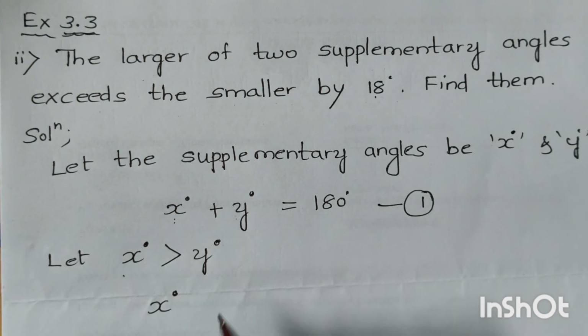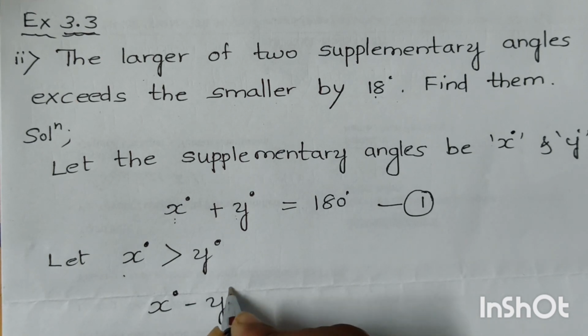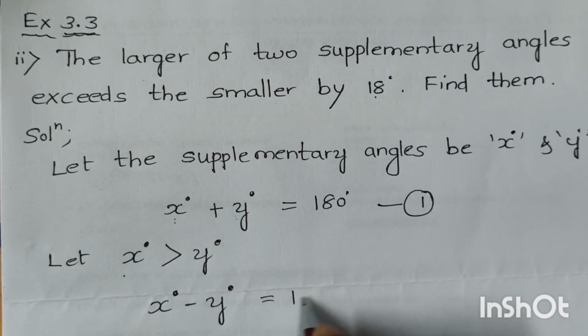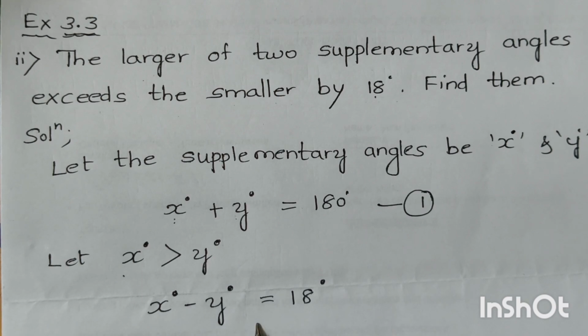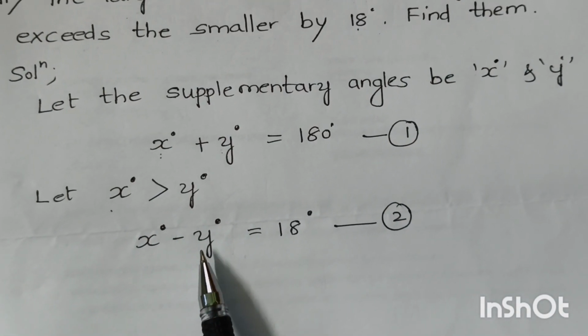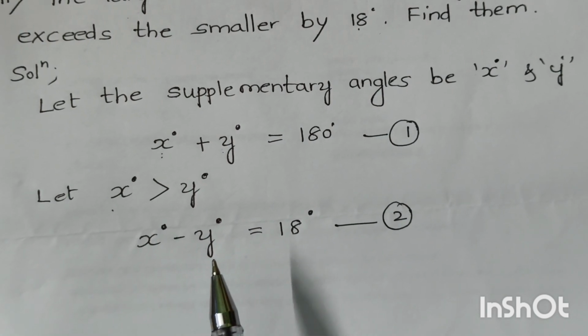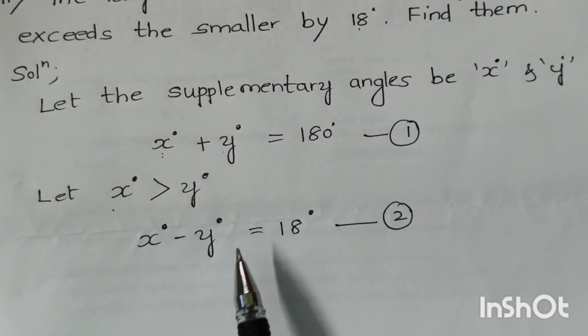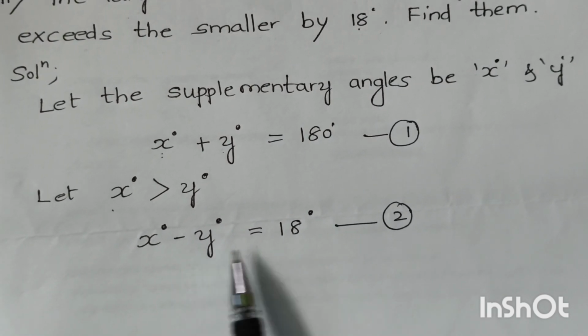From x degree, if I subtract y degree, we will get 18 degree. Isn't it? We can write like this. If you did not understand how we got this equation, then watch the video till the end, because while doing verification, I am going to explain this neatly.